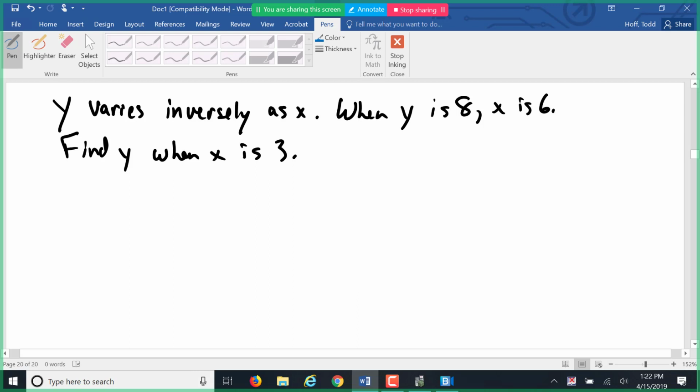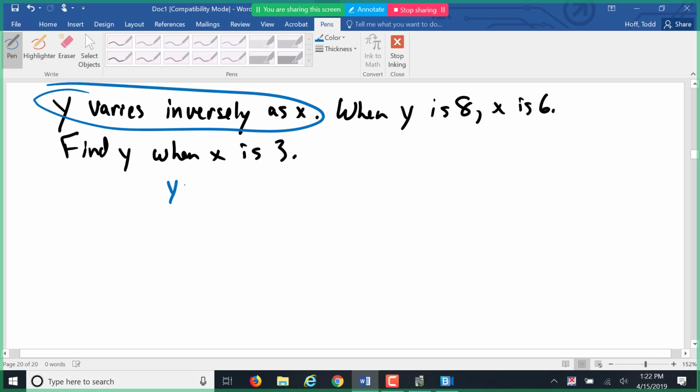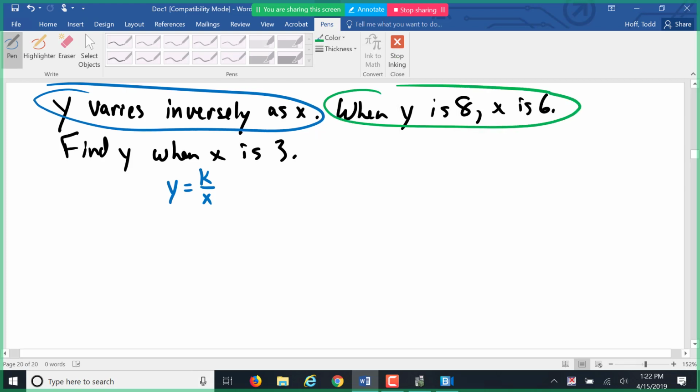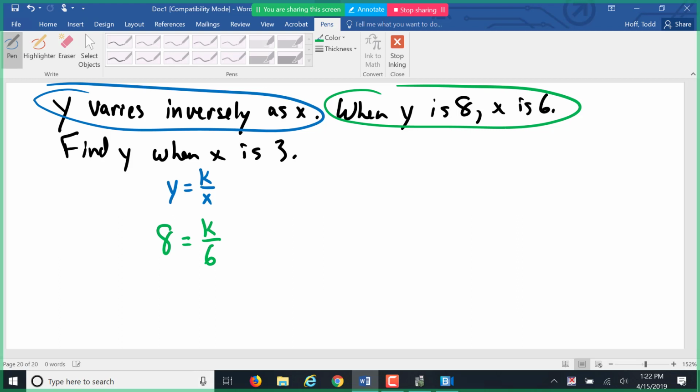So now we look over here. Let's break it down. Y varies inversely as x. That's y equals a constant divided by x. Our initial condition, when y is 8, x is 6. We put in 8 for y, 6 for x, and we'll solve for k.